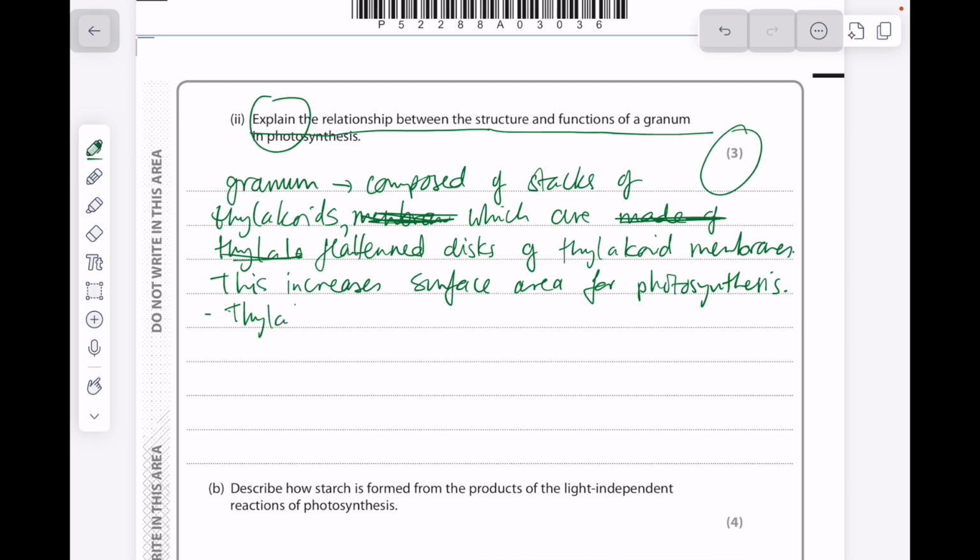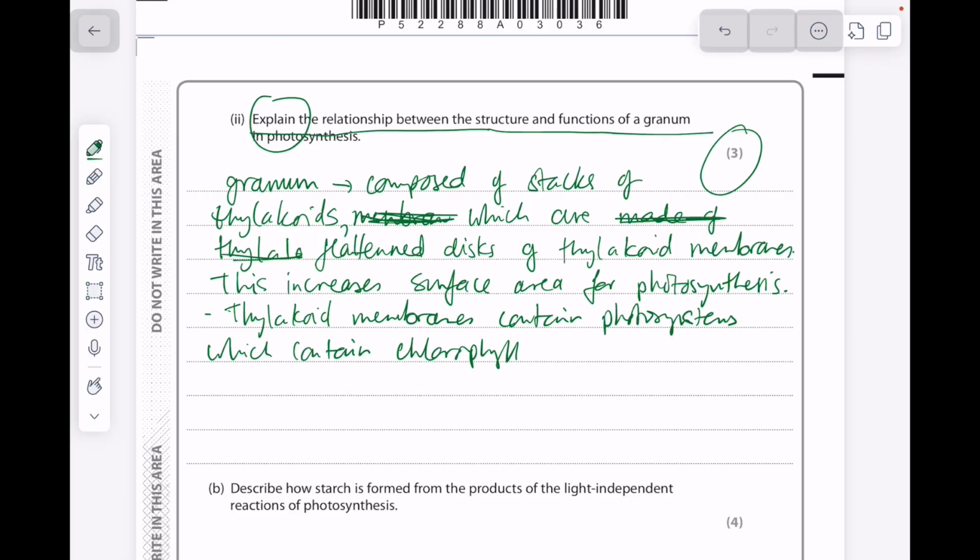Thylakoid membranes contain photosystems which contain chlorophyll to capture light for photosynthesis. I think that's basically it.